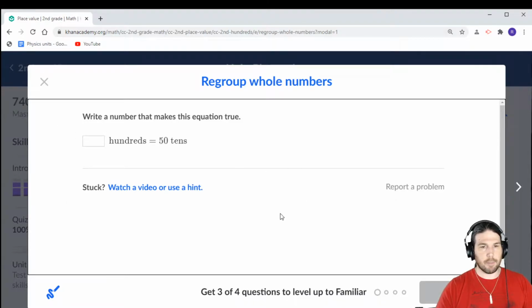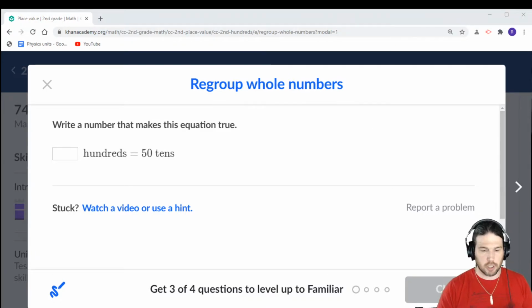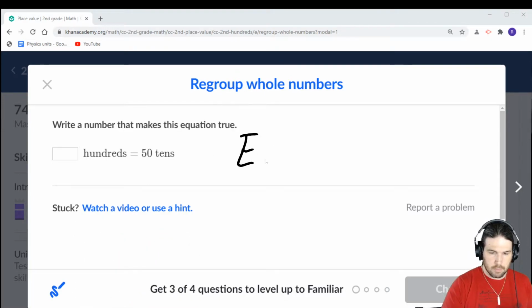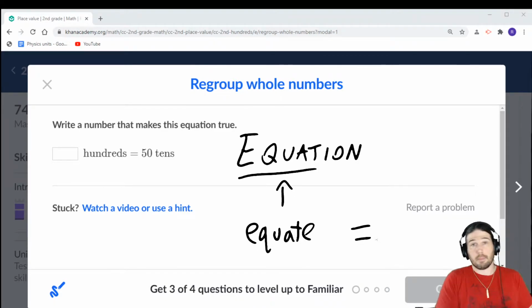Write a number that makes this equation true. Okay, so we've talked about equations before, but I want to make sure I double check that. I want to make sure that I reiterate the definition. When I say equation, that specifically comes from the word equate, which means equals, okay?